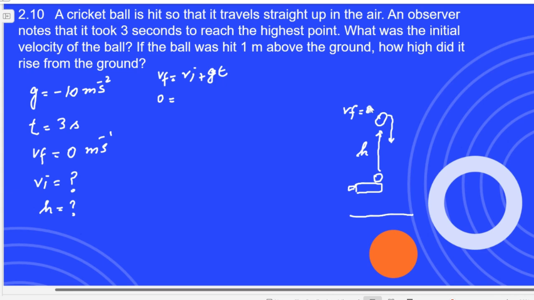The value of g is negative 10, and the time it took to reach the maximum height was 3 seconds. So 0 is equal to Vi, and if we multiply negative 10 with 3, we get negative 30. Taking negative 30 to the other side and making Vi the subject, Vi will be equal to 30 meter per second.